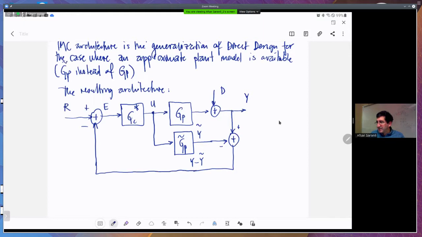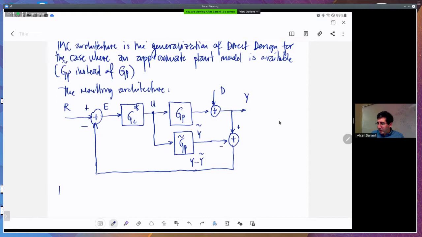So you see that this error is now a different error signal than what is in the output feedback architecture. In a sense it's a bit more difficult to interpret this error, because it's some strange signal: the difference between the reference signal and the output, and the difference of the output from its estimated value.